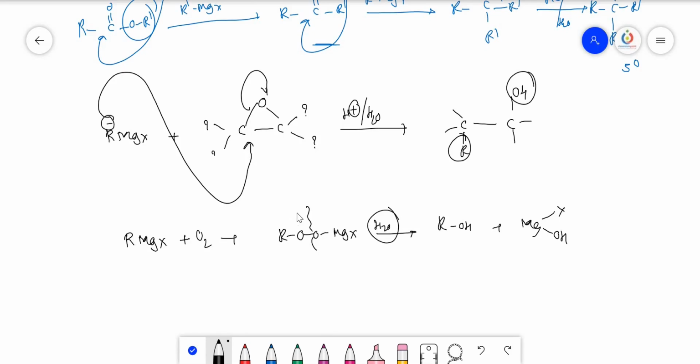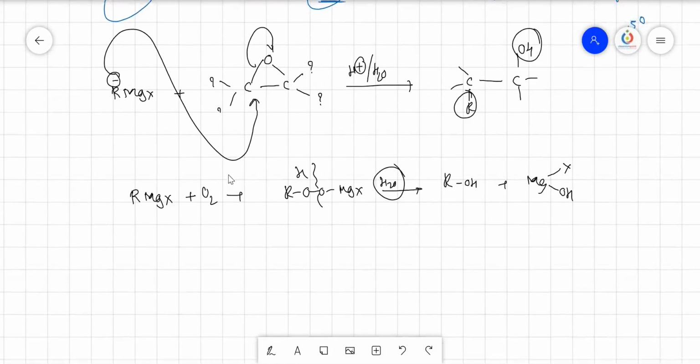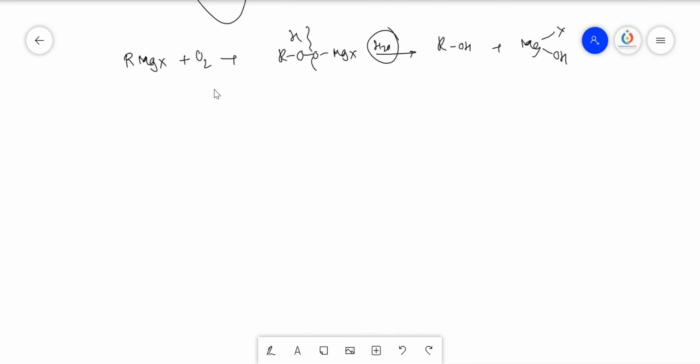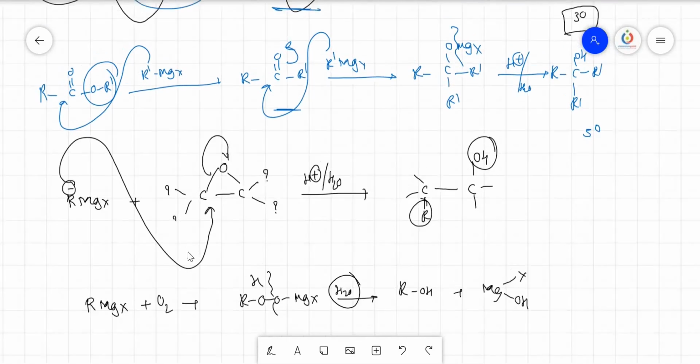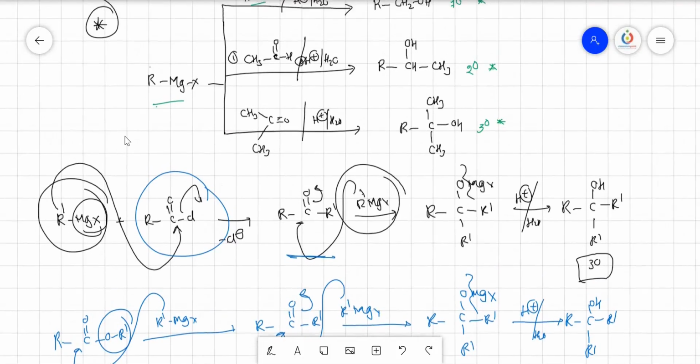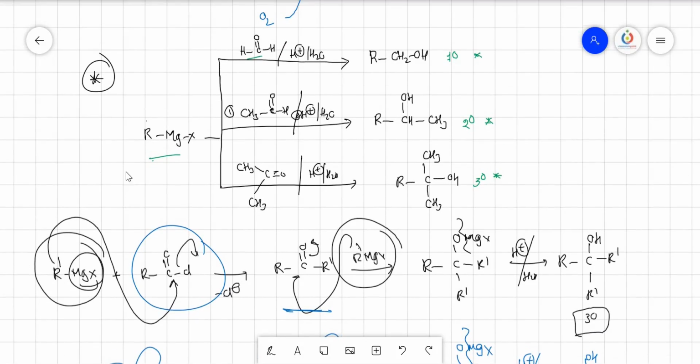This water splits up into H and OH parts, so that we get two different parts. So we get alcohol whenever the Grignard reagent reacts with oxygen. So these are the reactions of the Grignard reagent for the formation of alcohols.